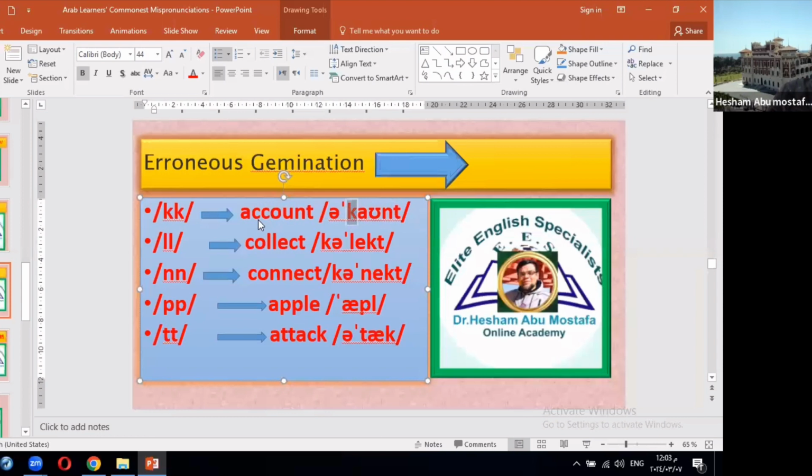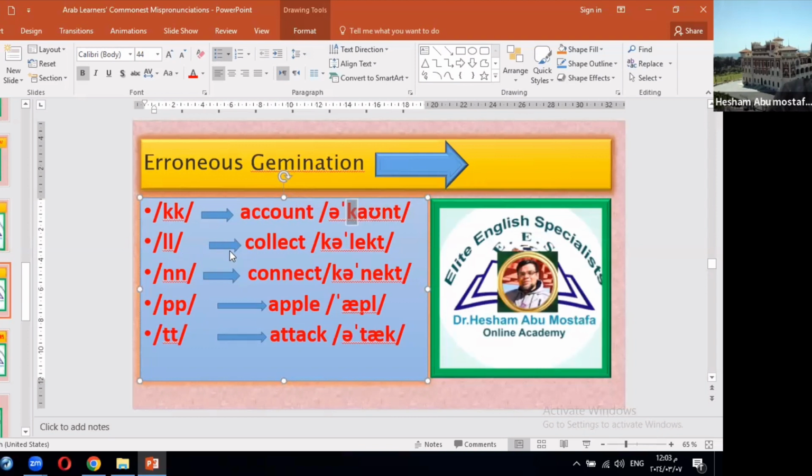So here, I have two letters, but they make one sound. So we call them a digraph. The double c here is a digraph. So account, account, account.